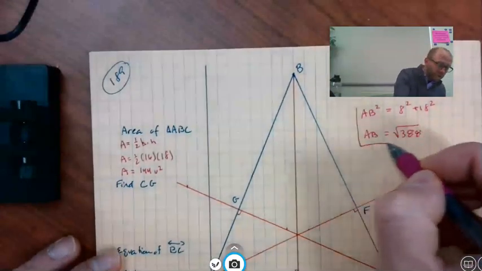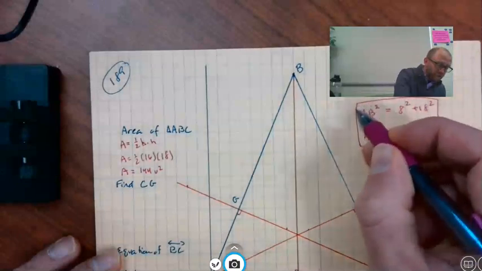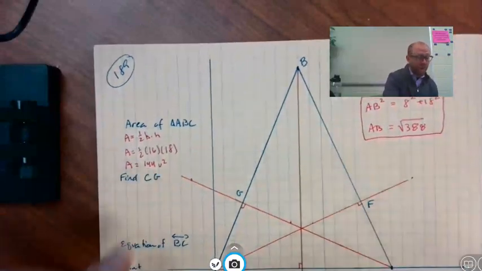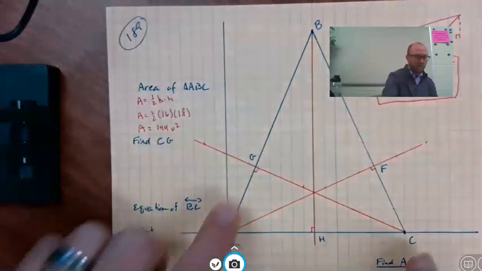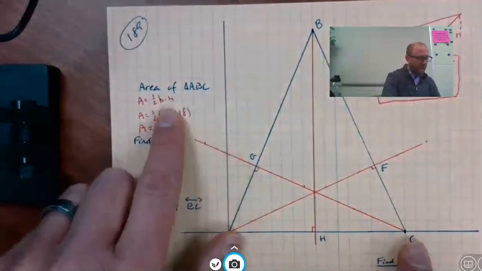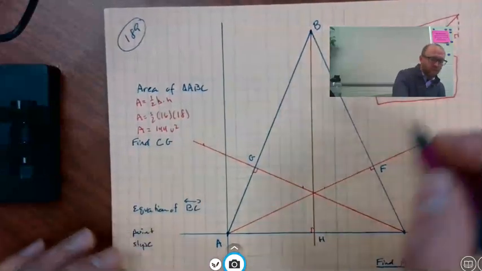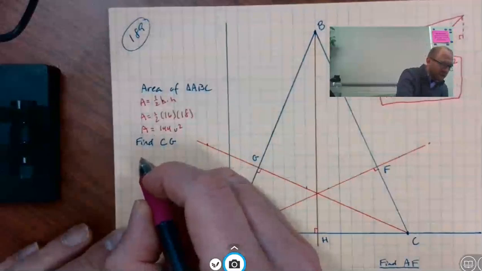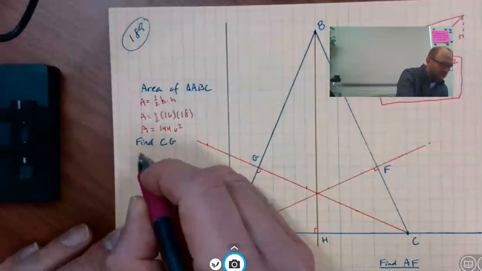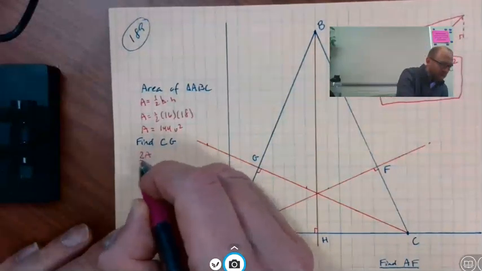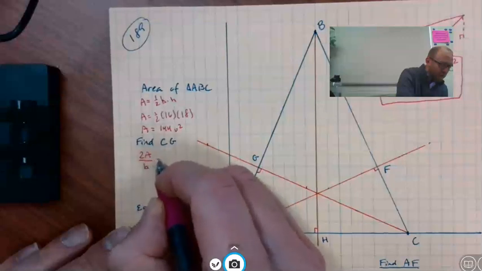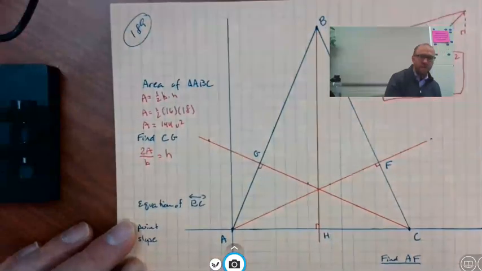All right, so if we know the area and we know the length of the base, right? So if we're counting this as the base, then we can figure out the height by just rearranging our formula. So our formula would be 2A over base equals height.